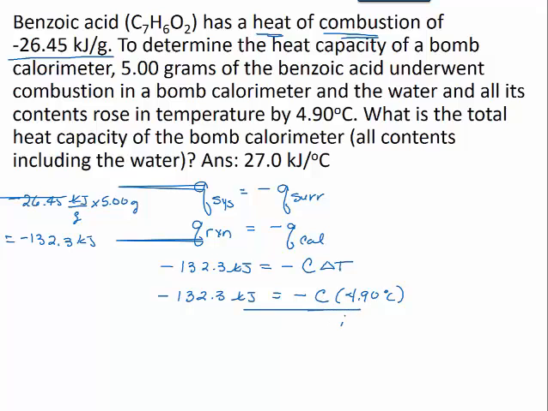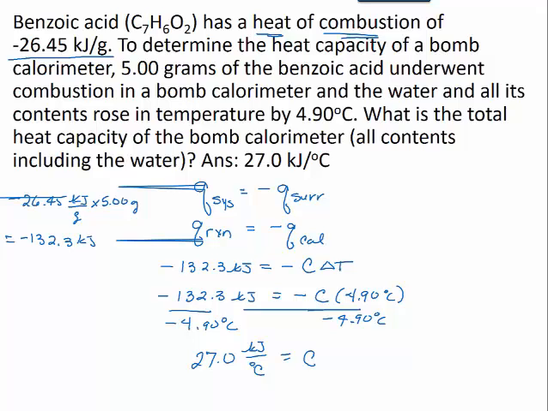So I divide by the 4.90 degrees Celsius on both sides. And the minus. Might as well get rid of that minus too. Negative 4.90 degrees Celsius. And that will give me the heat capacity of the bomb calorimeter, which is 27.0. And what are the units? Kilojoules per degree Celsius.